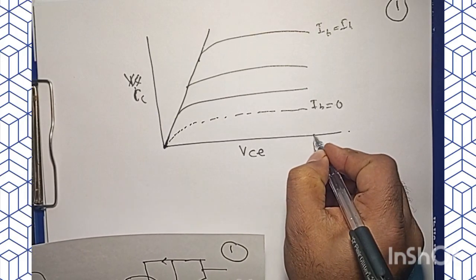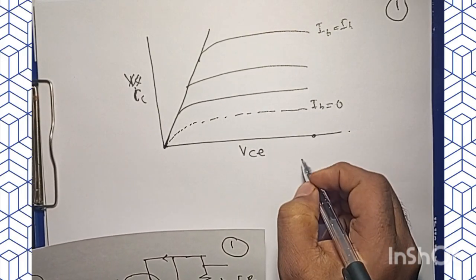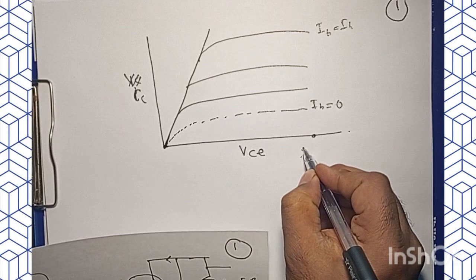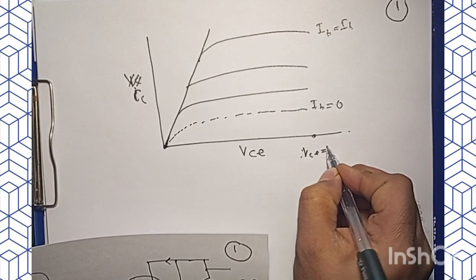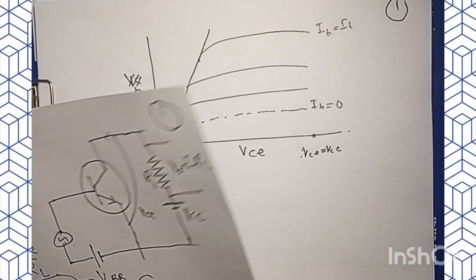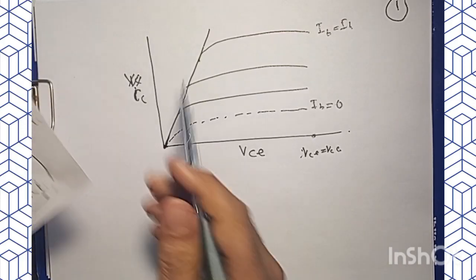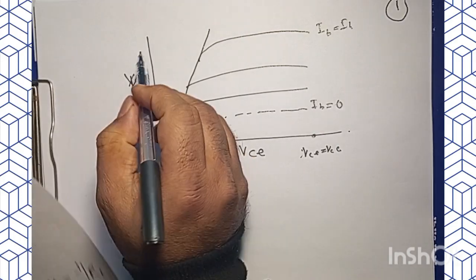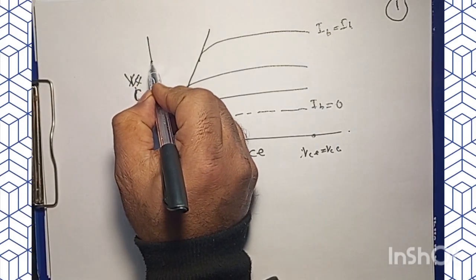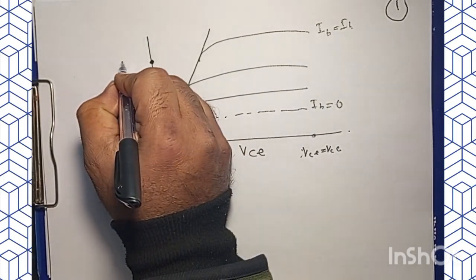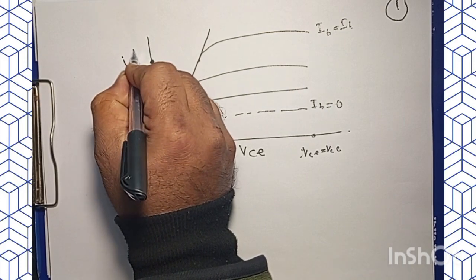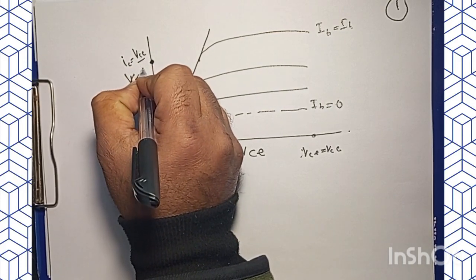So for that we have a point here, and that is VCE equal to VCC. And then for VCE equal to 0, that means we are on the y-axis, and we have a point here that IC equals VCC by RL.